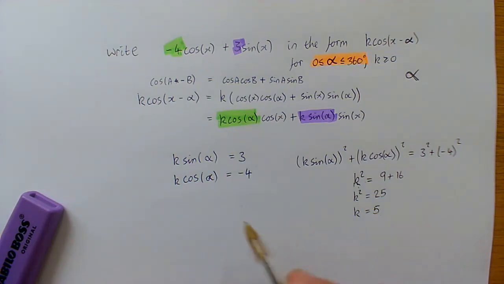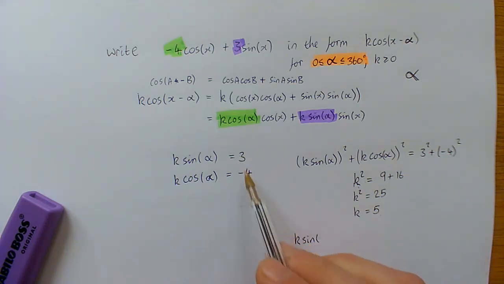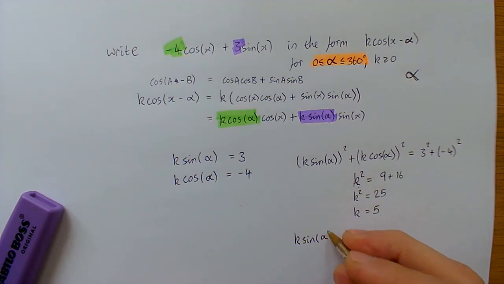There are a couple of ways to get your alpha value, but the way that avoids getting this wrong is to actually do the following. The reason you're likely to get it wrong is you need an alpha that makes this positive and this negative, and just watching all the details with that. The easiest way to do it is to do k sine alpha over k cos alpha.